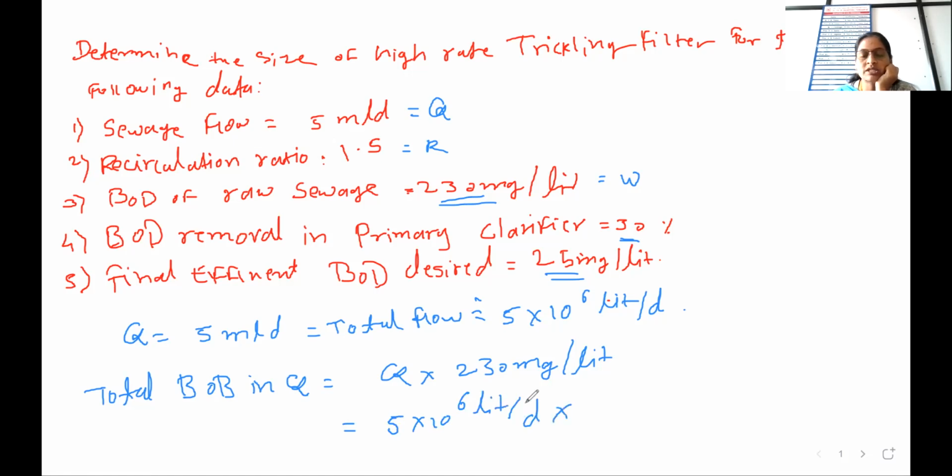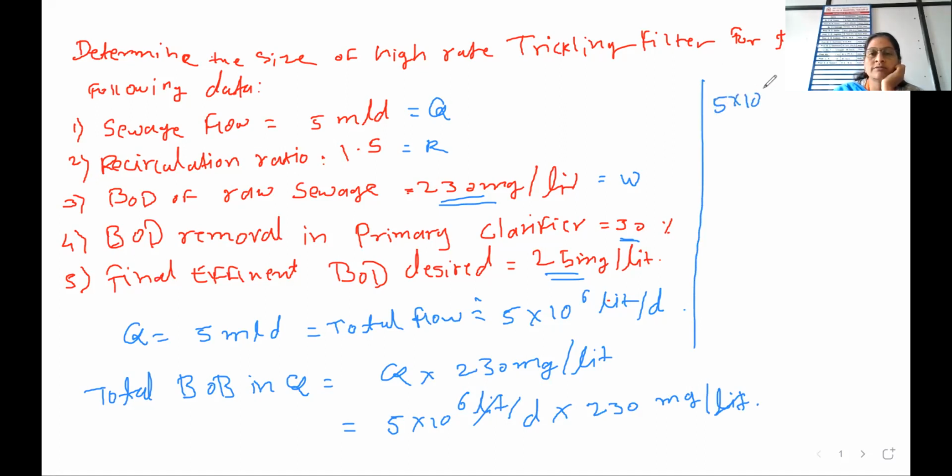You might have noticed that everywhere I am noting down the units, because these are very important. So this liter and this liter get cancelled, and it becomes 5 into 10 raised to 6 into 230 milligram per day.